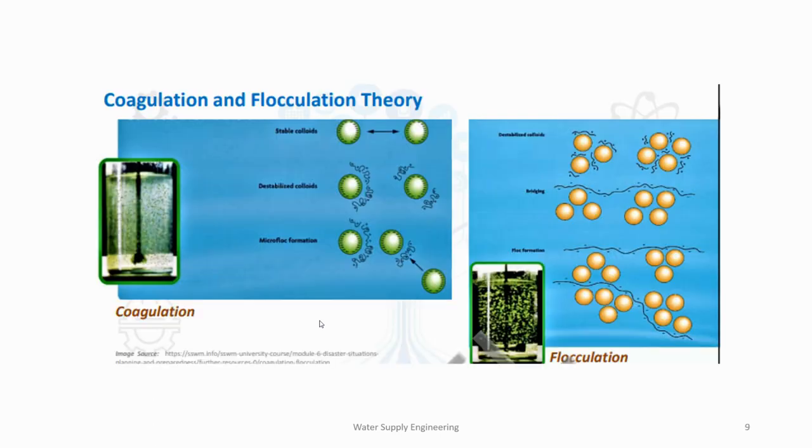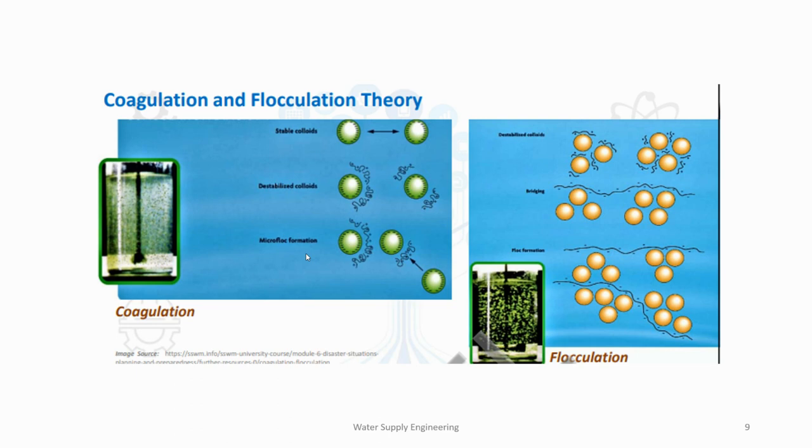When you come to the coagulation and flocculation theory, what happens is, when we add a coagulant to the water to be treated, the stable colloidal particles get destabilized and then start forming microflocs or small groups.